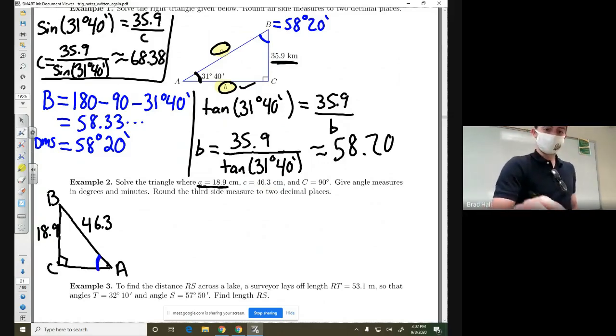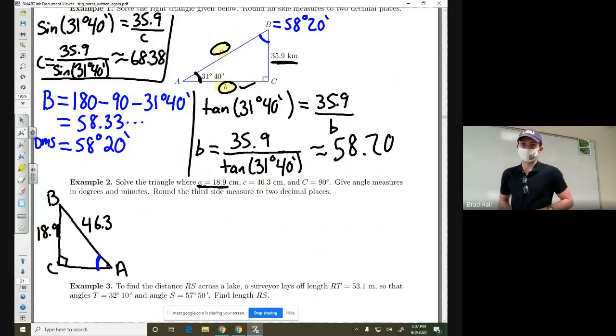All right, so we want to find angle A, and we want to somehow utilize the two bits of known information, the 18.9 and the 46.3. So how does angle A relate to the 18.9 and 46.3? Sine.